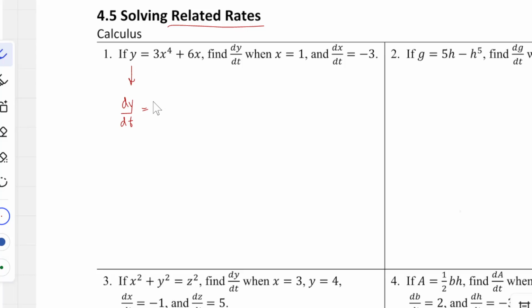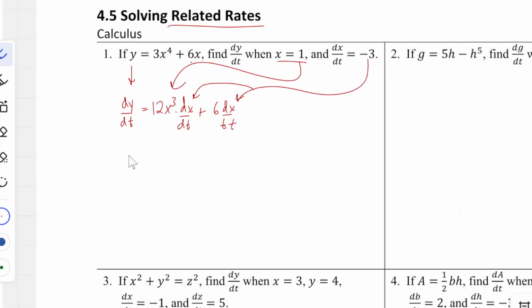The derivative of this is 12x cubed, but I have to tack on a dx/dt. 6 dx/dt. Now they're giving me some numbers. They're giving me x, giving me dx/dt, which I'll plug in for both of those. And that'll leave me looking for the answer. Busy work, busy work. I'll just stop there.